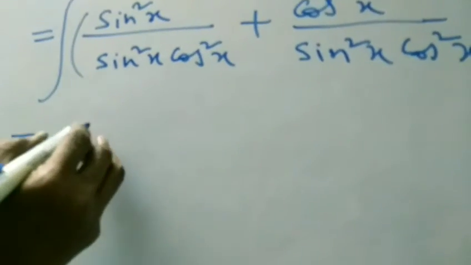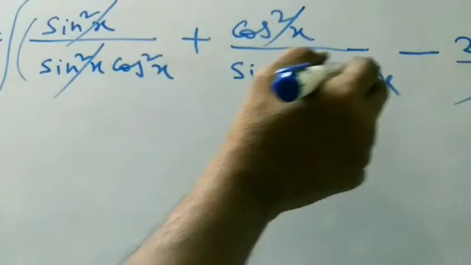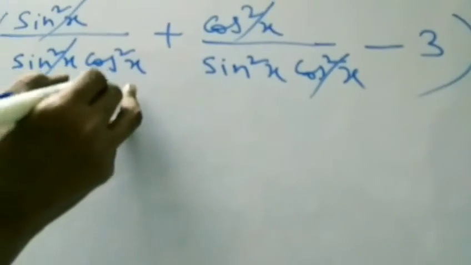Here, numerator sin square and denominator sin square are cancelled. Numerator cos square x and denominator cos square x are cancelled. So it becomes 1 by cos square x.